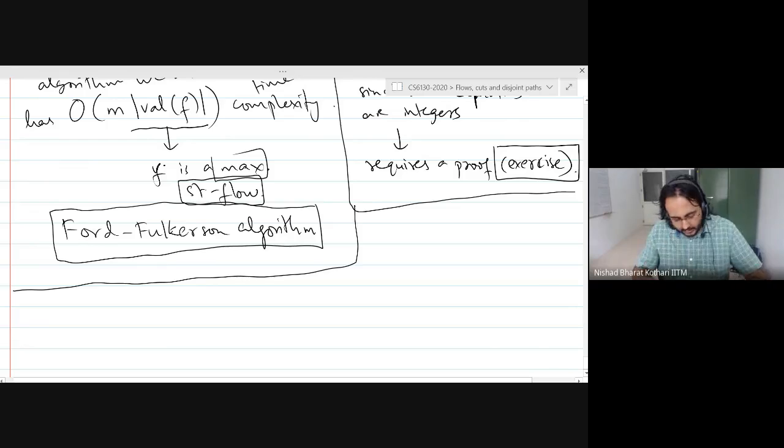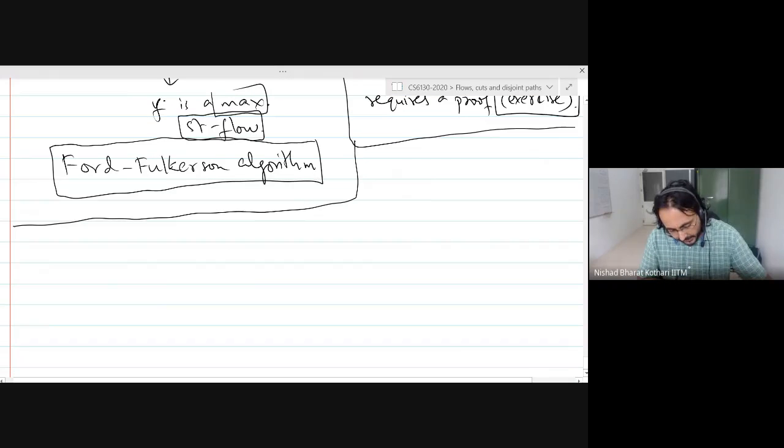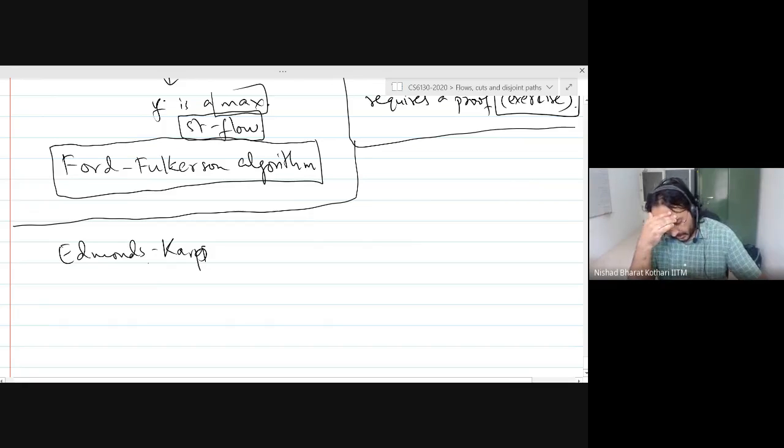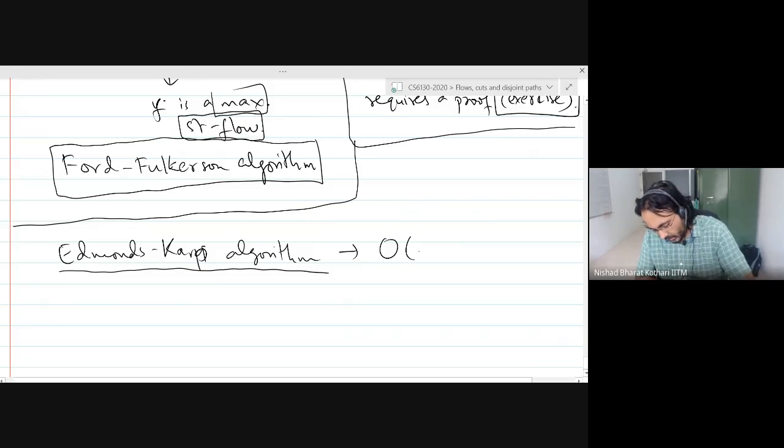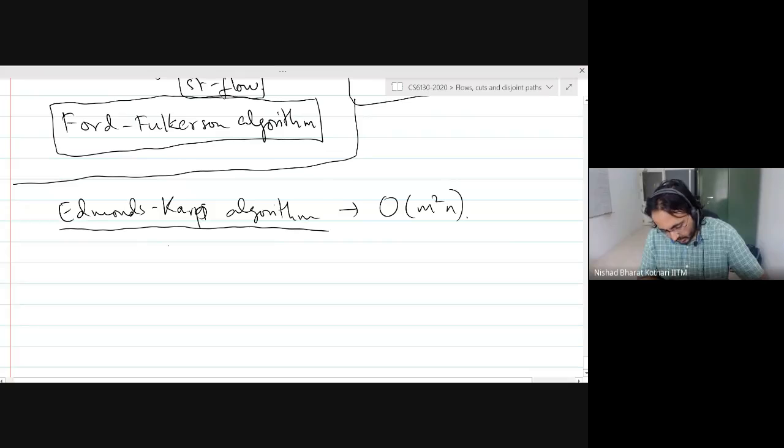So in the next lecture, we will discuss how to get rid of this point, and that is called the Edmonds-Karp algorithm, and there is another person who did it. I forget the name of the person right now. So if I remember correctly, this is order m square n. Okay, this will be in the next lecture.